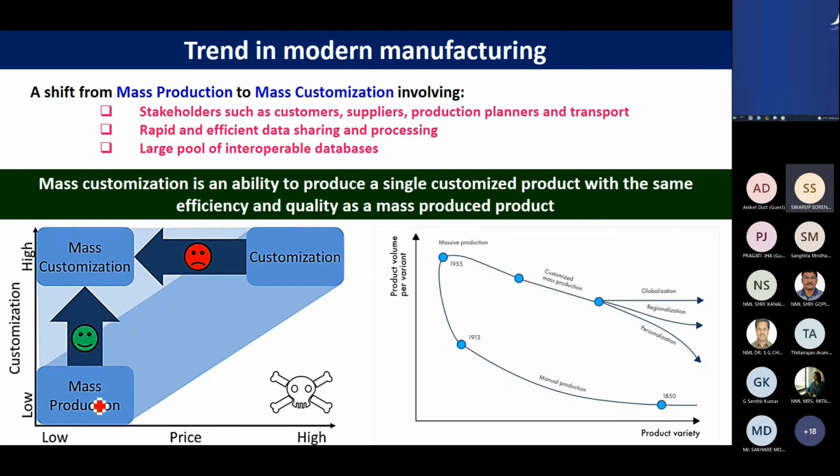If we wanted a product according to our choice, then the price increased. But today, with the advent of additive manufacturing and other processes, people are trying to respond to the requirement of mass customization, where you can produce whatever materials we want, but at the same time, the price will be low. So this is where we are tending to in the days to come.